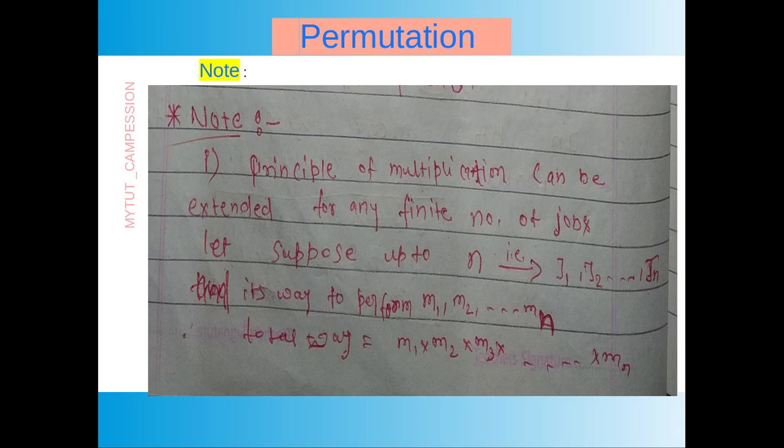To complete all the jobs, the total number of ways equals m1 into m2 into m3 into ... into mn.